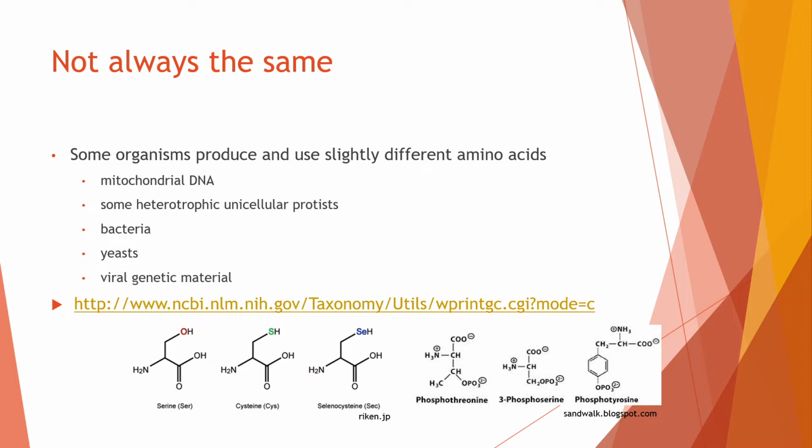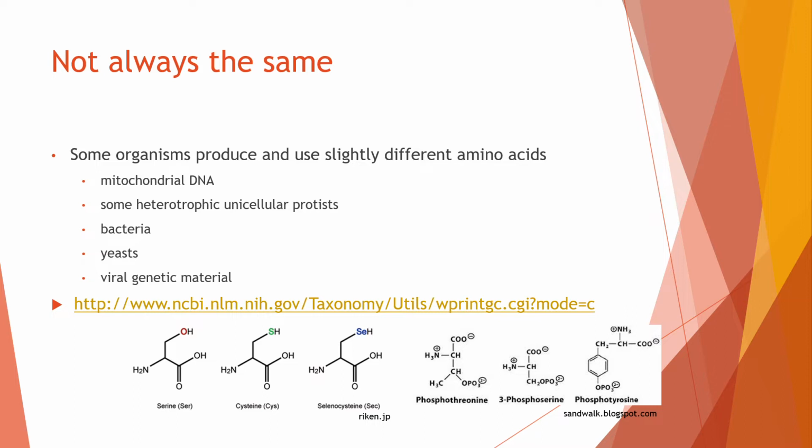But exceptions may happen in this form, that in this or that organism, a single amino acid in the set will be different. Quite often this amino acid is modified after protein production. And for instance, in some bacteria, cysteine will not be used, and instead of that you'll get selenocysteine.